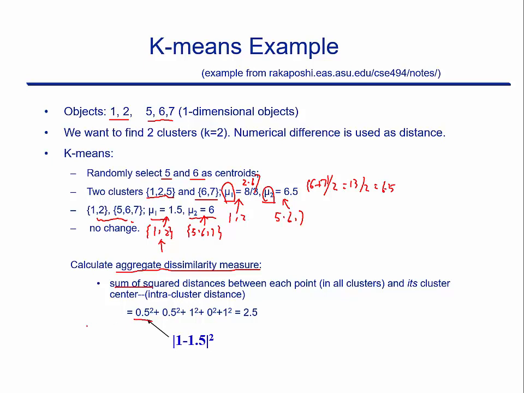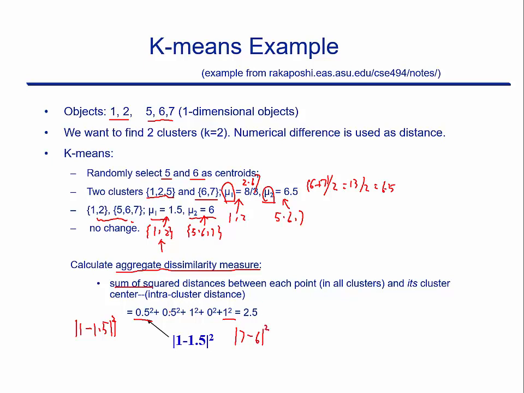For the first point, the point is 1, and the distance to the centroid of the cluster, 5, is 1 minus 5, and we will take the square of this distance. And for example, for the last one, the centroid is 6 and the point is 7, so it is 7 minus 6 raised to the power of 2.